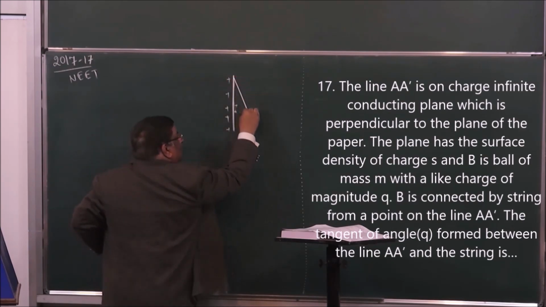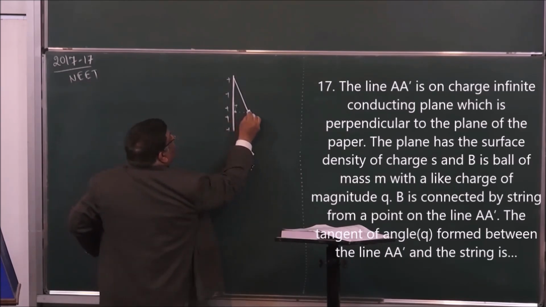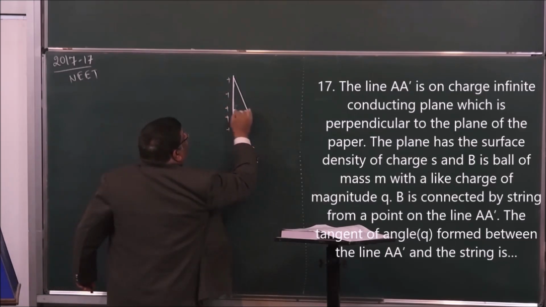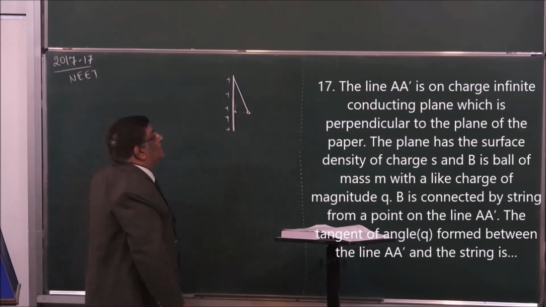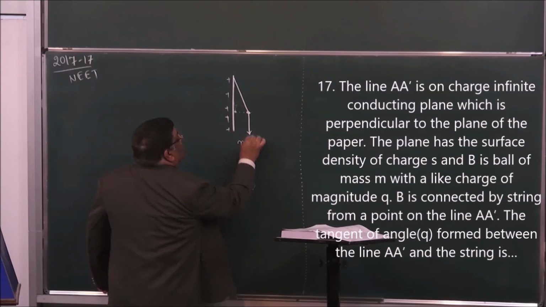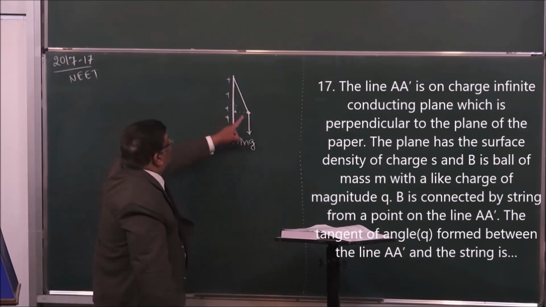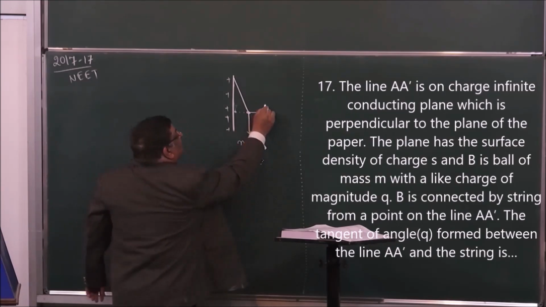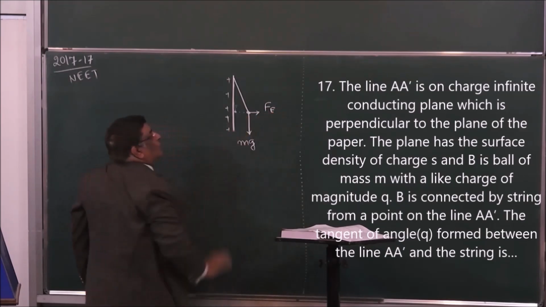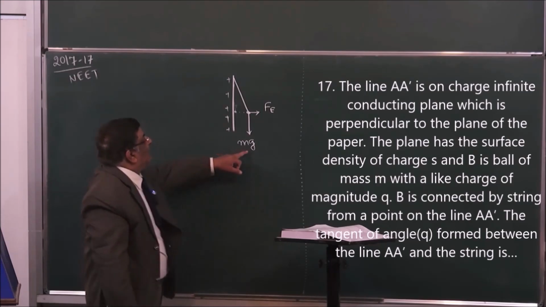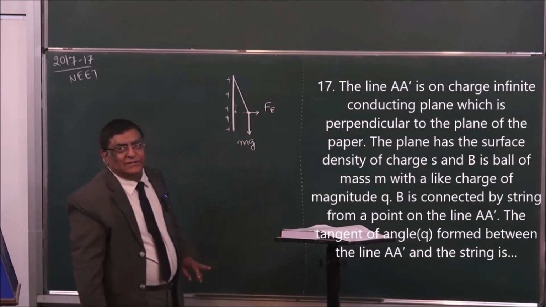But when it goes in this direction, there is a tension in the string, so it cannot go far away. Why can it not go there? Because the mass is attracted by the ground, and there is a force mg acting downward. There is a force of repulsion on this, the electrical force, Coulomb's force, in this direction, and mg is attracting in this direction.